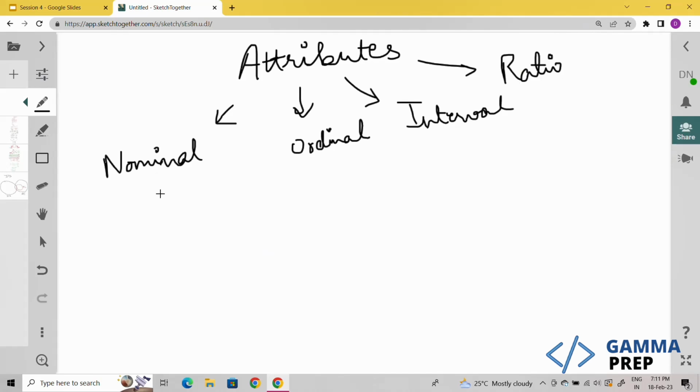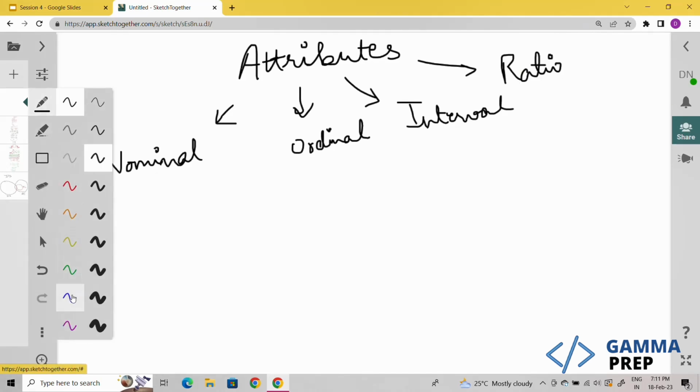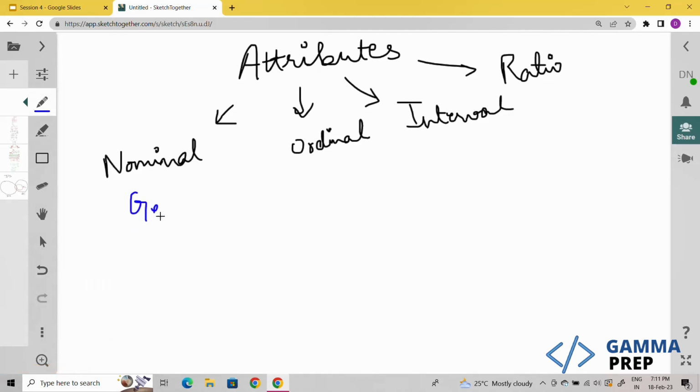So what happens in nominal attributes? For example, if we have the gender. Now, in the gender, there could be only 2 possibilities, male and female, right? So in nominal attributes, we can only figure out if the attribute values are the same or not the same. That is, they are equal or not.